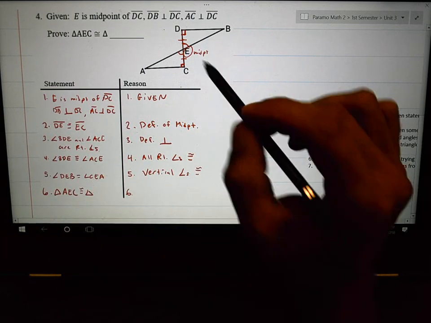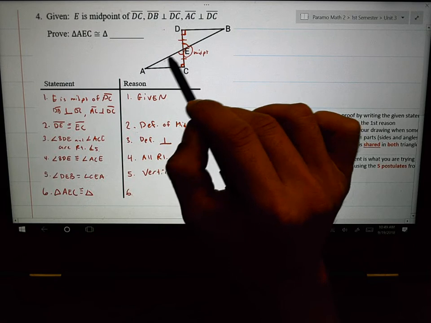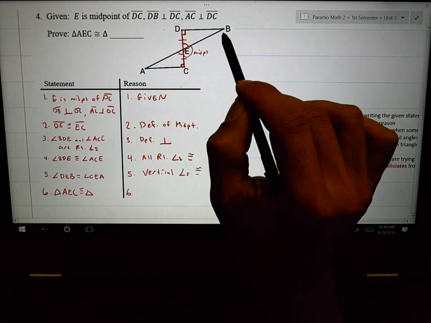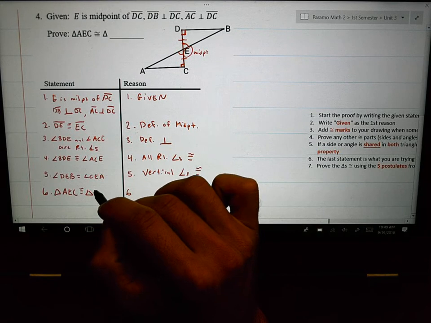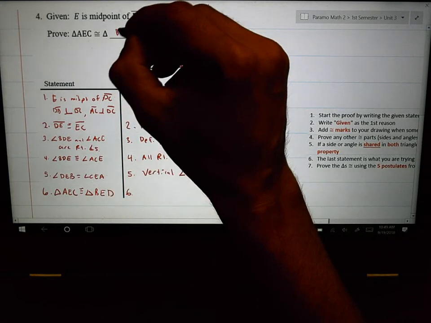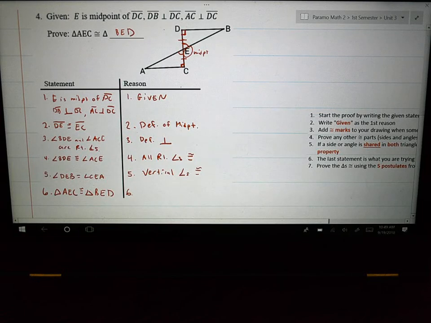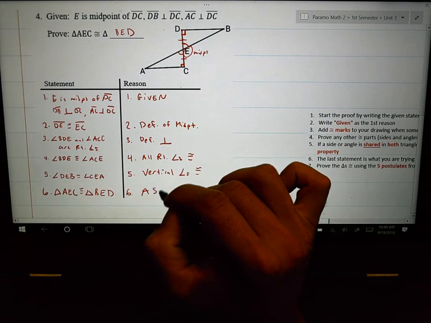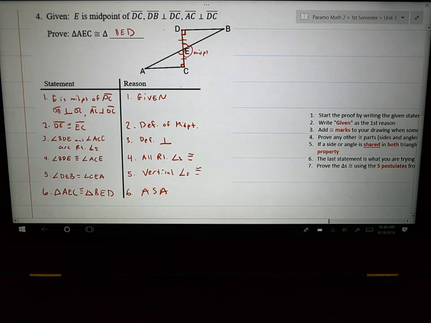Let's make sure it matches. AEC should match with triangle BED. We'll put that up here in the top as well. And I know they're congruent to each other because of angle, side, angle.